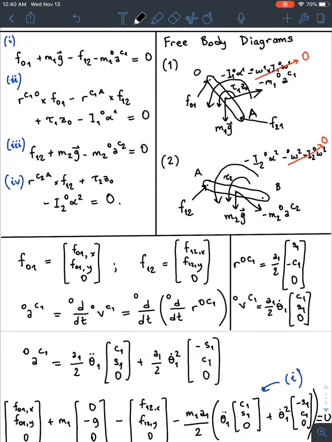If I look at this term right here, this is C1 to A. The position vector from C1 to A cross F12. Well, the position vector from C1 to A is exactly the same thing as the position vector from O to C1.